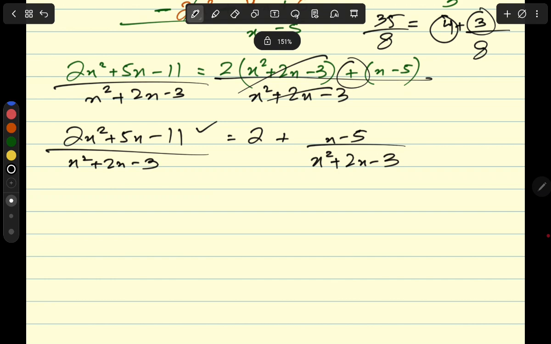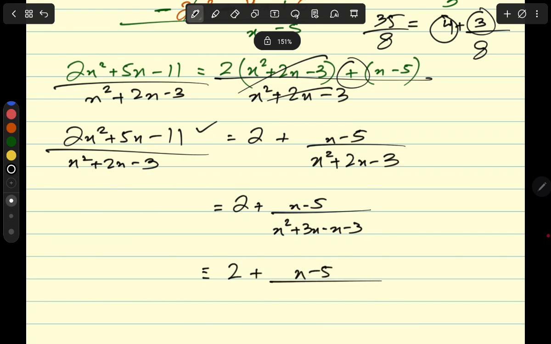So now this may be rewritten as 2 plus x minus 5 upon x squared plus 3x minus x minus 3. What are the two factors? x plus 3 and x minus 1.